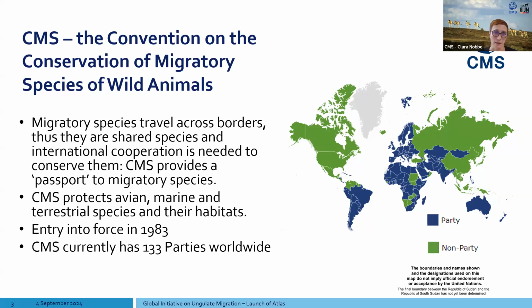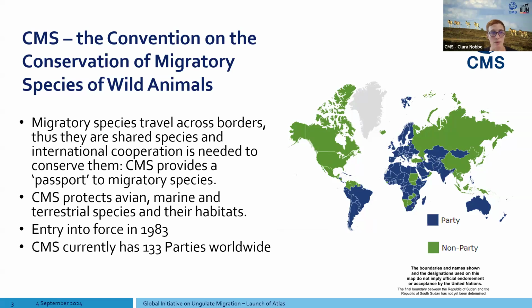So the migration that is particularly addressed and protected within CMS is the migration that takes place across international borders. But also, once a species is listed on CMS, then the range states are also required to protect domestic migrations.